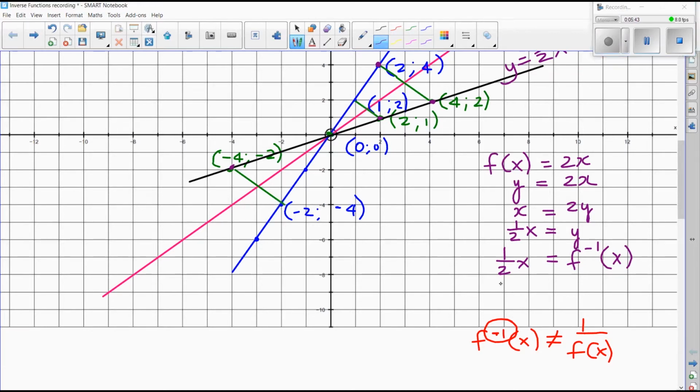Also, we may only use this notation if we know that the inverse is a function. I'm going to explain this concept to you in a while. But I just want to draw your eye to the graph. Do you notice that my graph f of x equals 2x and the inverse function all intersect at 0, 0. So this is the common point on the line y equals x.